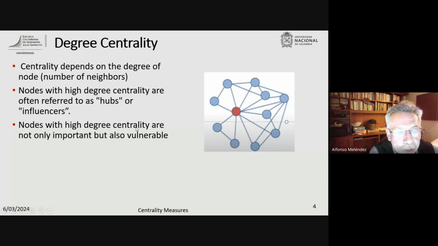Degree centrality is important in social networks, but also in other types of networks, for example electric networks, because an electric network could be vulnerable to attacks. If you have a node in the electrical network with high degree and it's destroyed, the network could be broken, could suffer a lot. All this has to do with degree centrality.